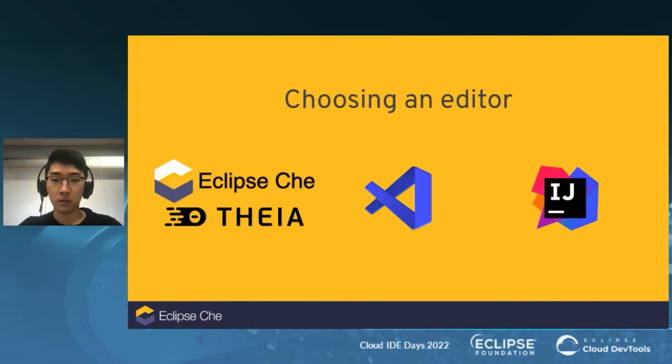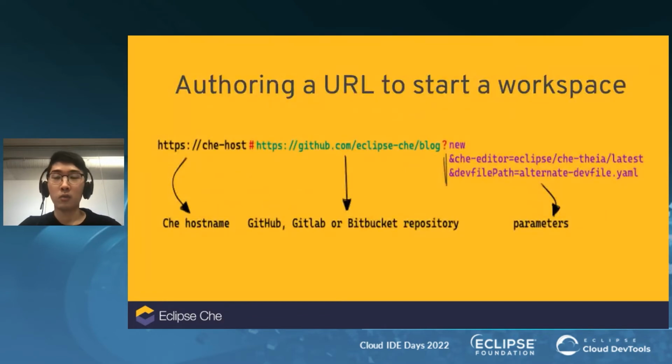So in the next few slides, I'll go over how VS Code and IntelliJ look in a DevWorkspace. So if we go to the next slide, one way you can specify what editor you would like for your DevWorkspace is to edit the URL that you use to start the DevWorkspace itself. So in Ilya's first demo, we saw he was able to start a workspace by accessing a URL from the badge from the README.